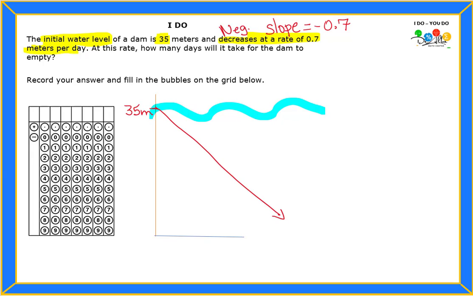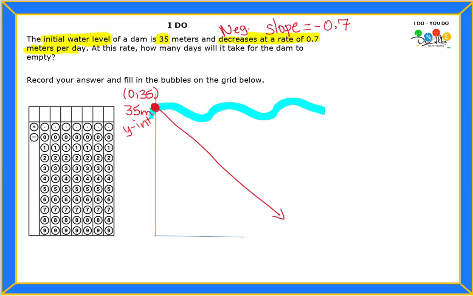Is that right? So right here, what would you tell me about this point over here? Well, that point would be equal to (0, 35). And something else. I'm hoping that you remember that this is also your y-intercept. Very good. That's where the line touches the y-axis, right?